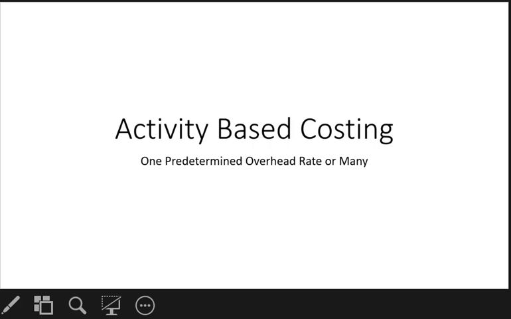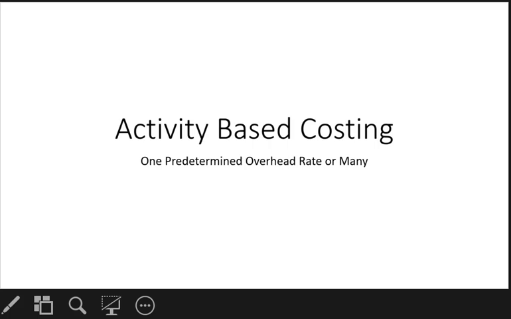Okay, so we're going to be very closely related to this, and the concept is, do we have one predetermined overhead rate, or does it justify many predetermined overhead rates? So we're going to need to break it into smaller pieces so we can get a better view of our costs.